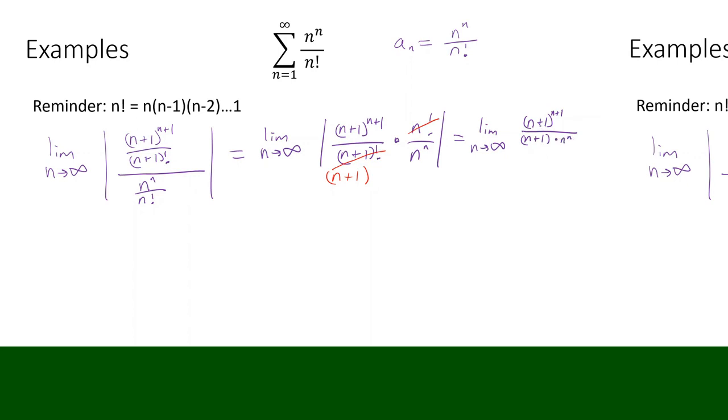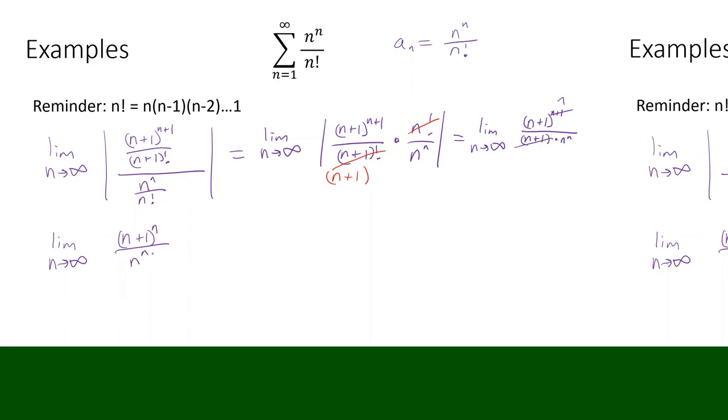Okay, but on top, this is n+1, and I have n+1 copies, but I've got one on bottom too, so cancel, this goes to n. So this is the limit as n goes to infinity of (n+1) raised to the n over n to the n.